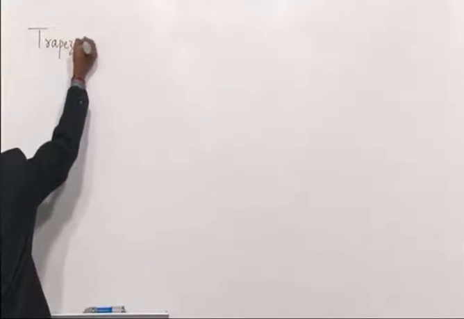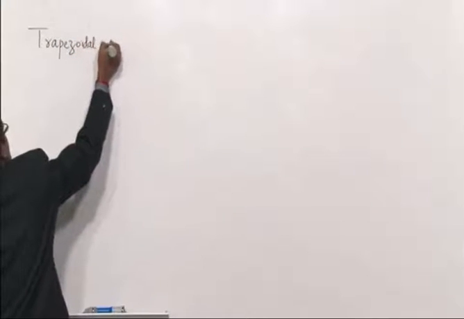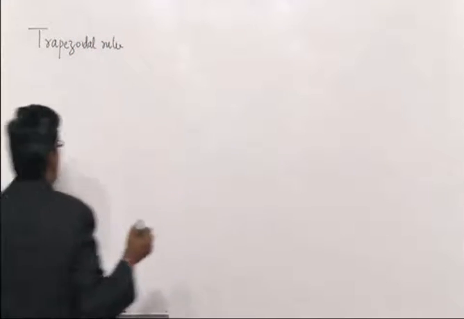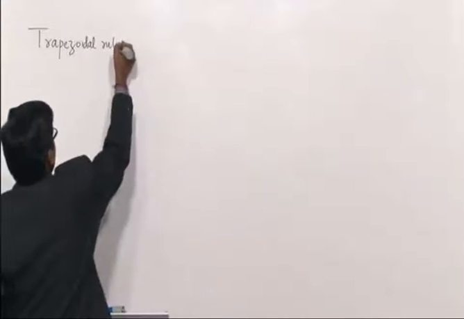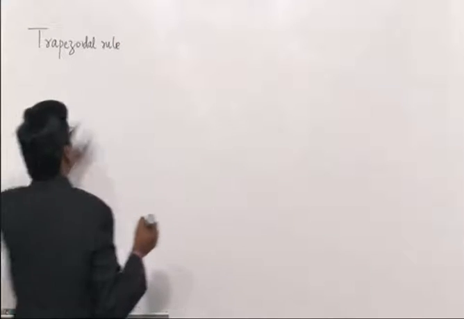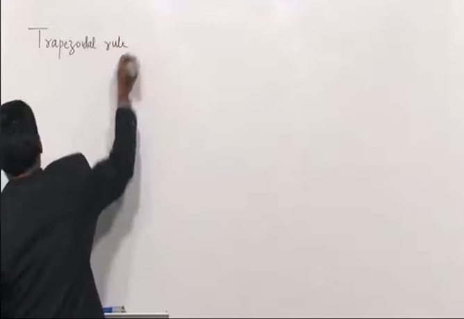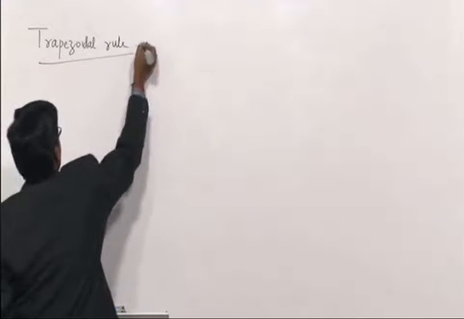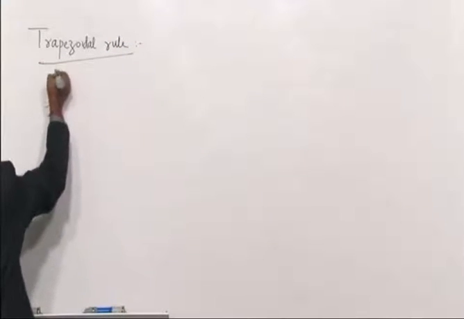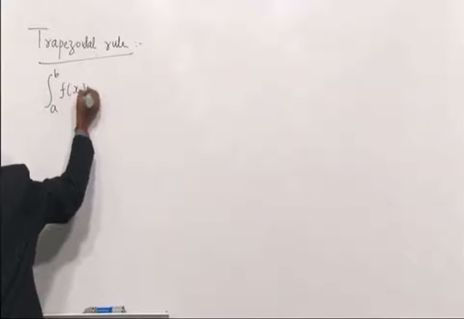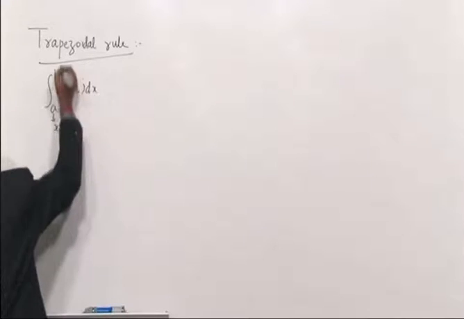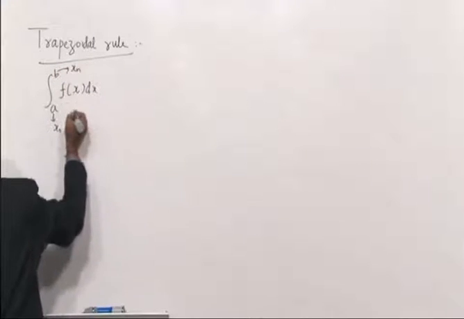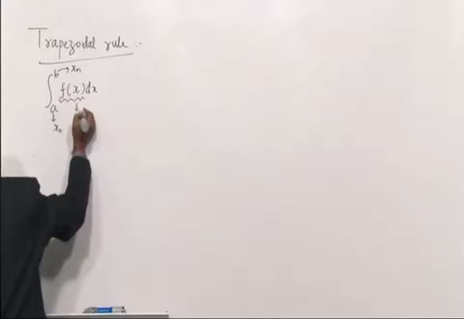Next, trapezoidal rule, evaluating a definite integral from the tabulated values of function fx. Integral a to b f of x dx. This a is also denoted by x0 in some textbooks, b is also denoted by xn, fx is also denoted by y.